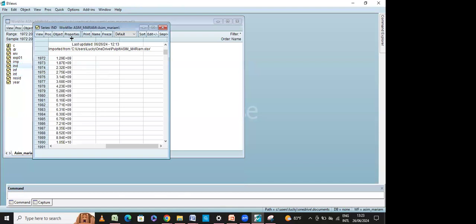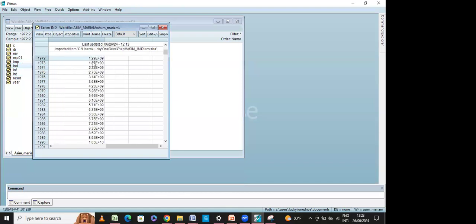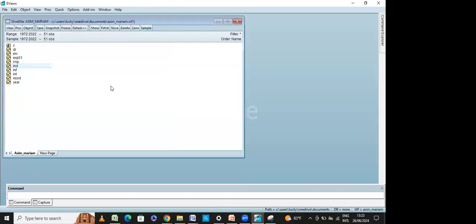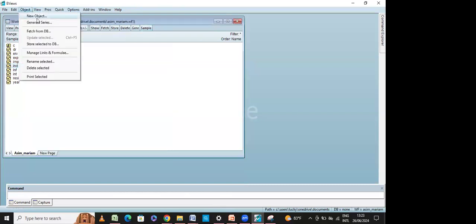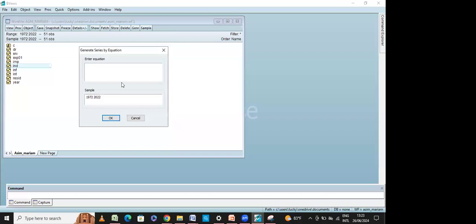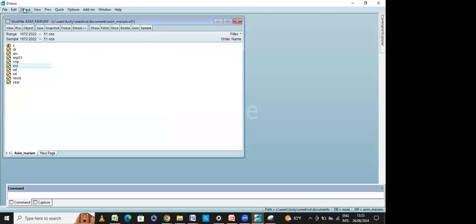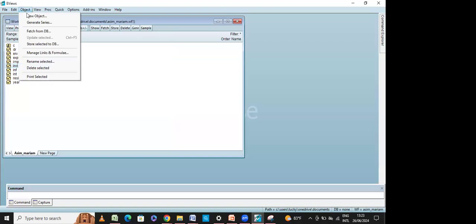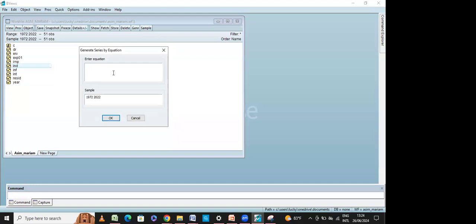Let me just take this variable. You can see these variables have really very high values, and I am converting those values into log form. So I go into Object and choose Generate Series. I enter this code, but in this code I need to write exactly the variable name that I have in my EViews.